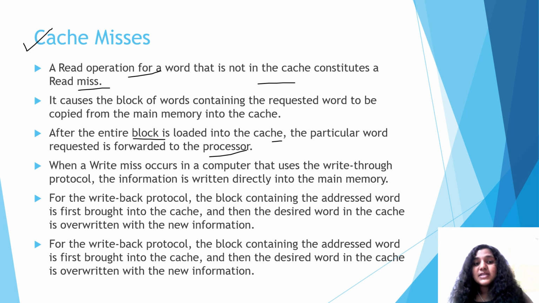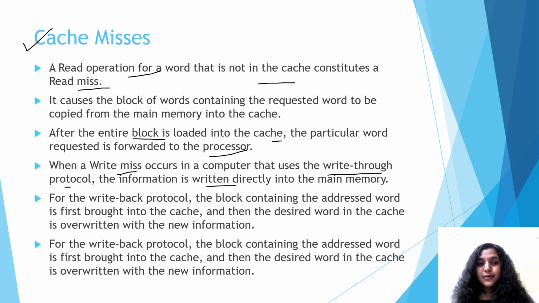And when a write miss occurs in a computer that uses the write-through protocol, a read miss is handled by copying from the main memory. What if the write is for a word which is not present in the cache? It uses the write-through protocol: the information is written directly into the main memory. This is performed when there is a write miss in the cache.